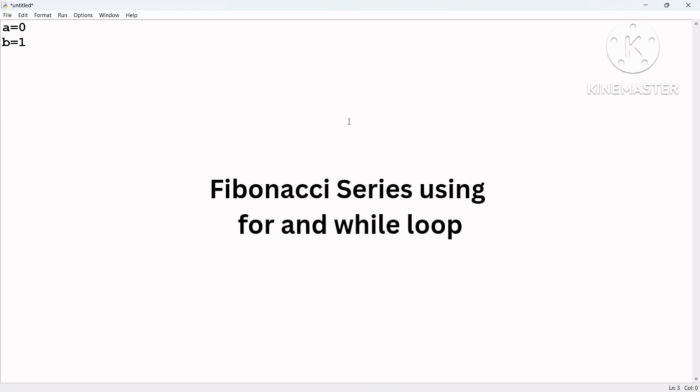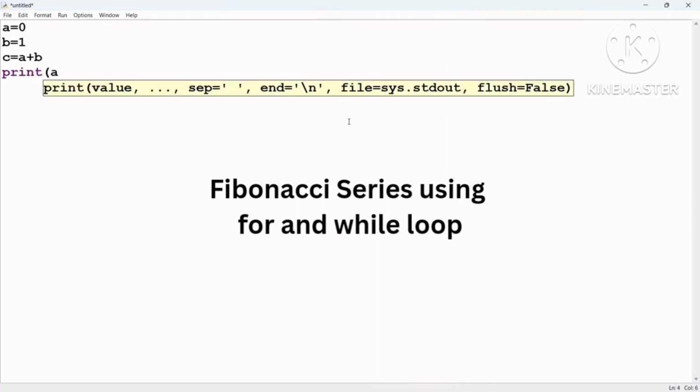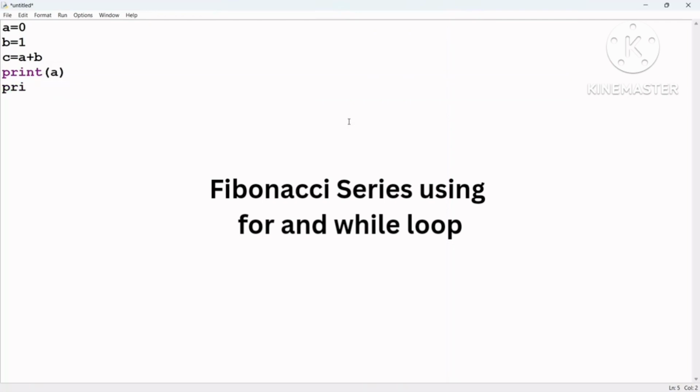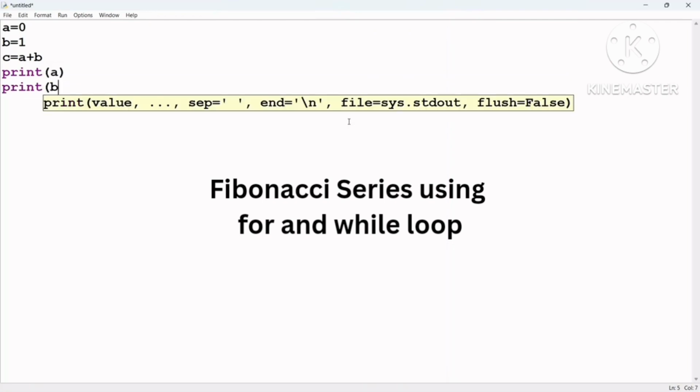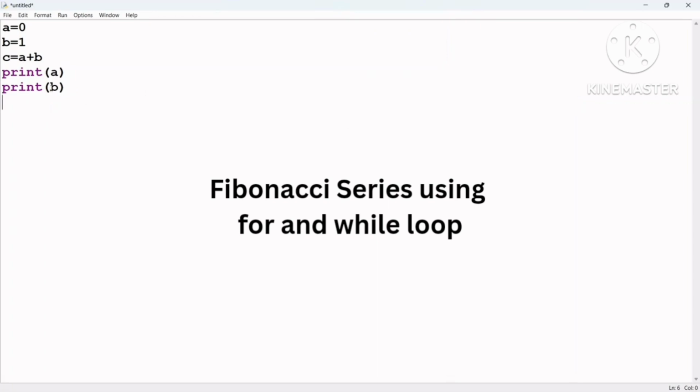Now in the case of the while loop, same, we will take A is equal to 0, B is equal to 1, C is equal to A plus B. Print A, then print B, then while A plus B is less than or equal to 100, or while the sum is less than or equal to 100, we will print the values, B comma end is equal to space, so that the output is printed on a single line.